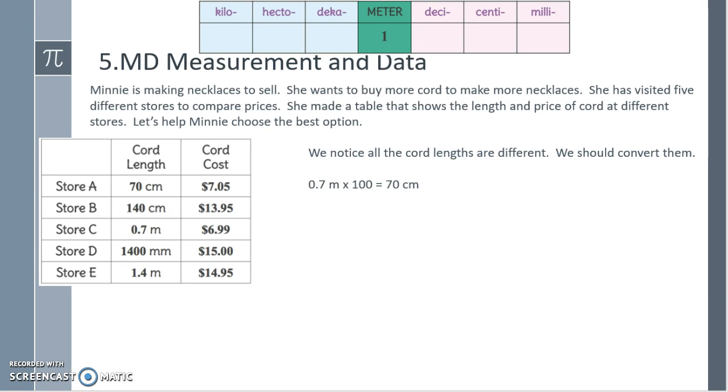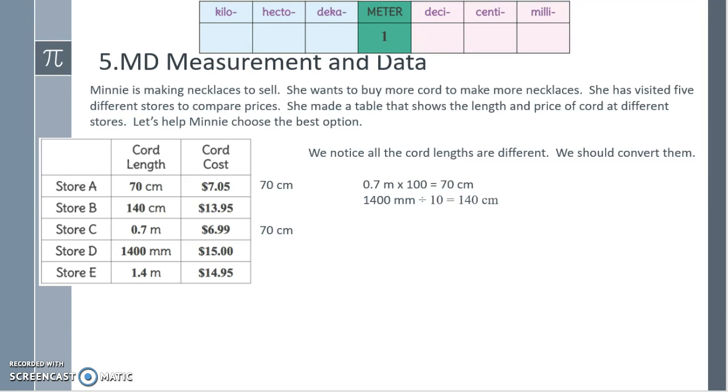So when I look, we're going to start at store C. 7/10 of a meter times 100 would give me 70 centimeters. So I'm filling in what the centimeter portion is. Store A is already in centimeters, so we'll just carry that down. Looking at store D, 1,400 millimeters is how many centimeters?